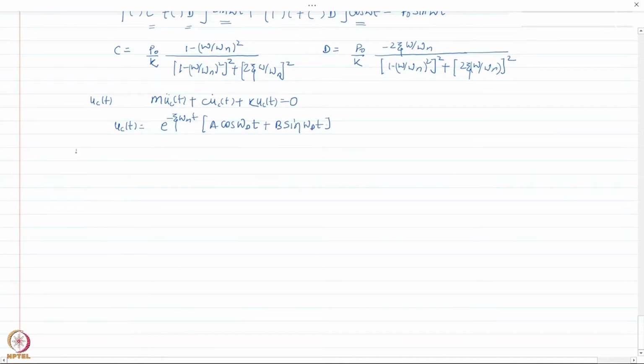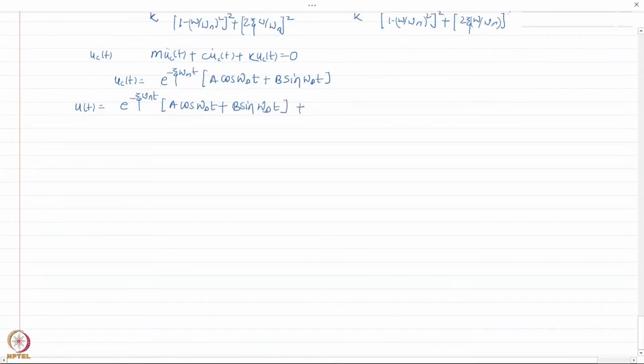Okay, so the final expression for u of t, which is the sum of both solutions, can be written as the sum of up of t and uc of t. So let me write it this way, and then I have the particular solution, which is C sine omega t plus D cos omega t, knowing that C and D have already been evaluated.